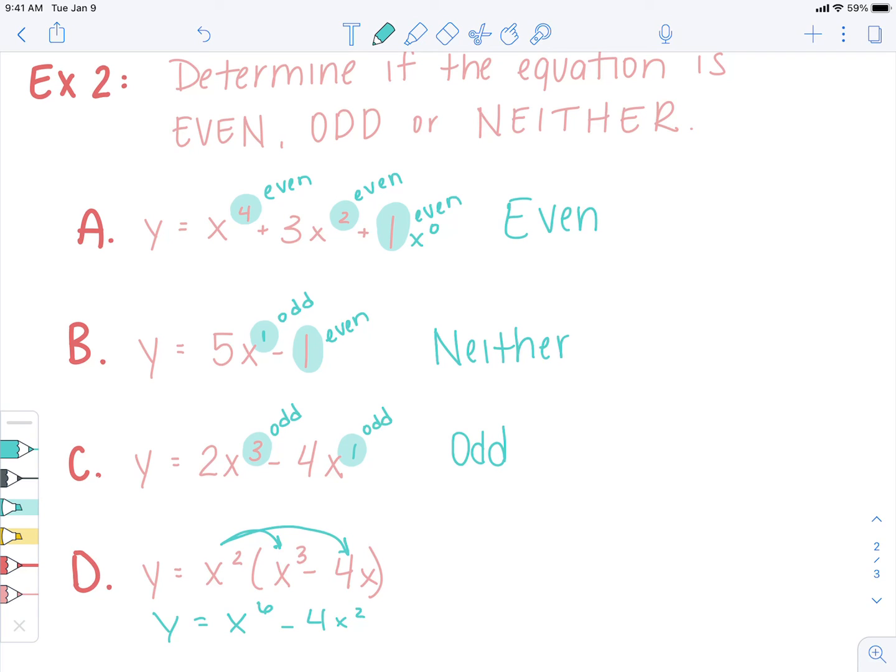Wait a second, don't you add the exponents? Aha, there we go. So it's 5. So it's odd. So it's 5 and 3, because when we're multiplying, we add the exponents. So this is odd.